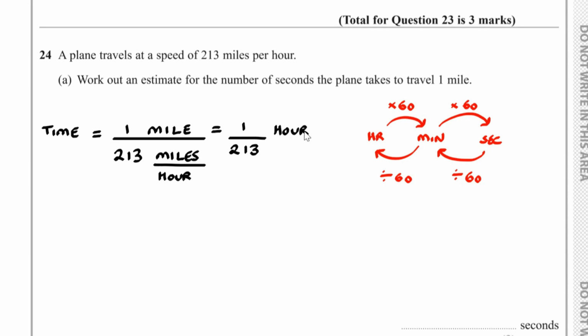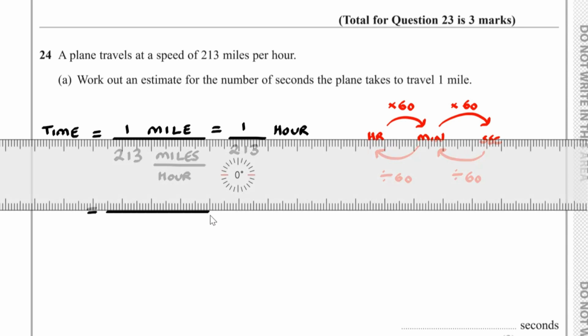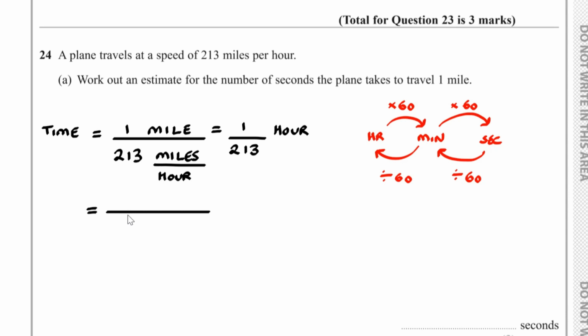So what we need to do is convert this into seconds. The way we convert it into seconds is to multiply by 60 and then 60 again. So if I've got 1 over 213, we can times by 60 and then times by 60 again, and this will convert it into seconds.